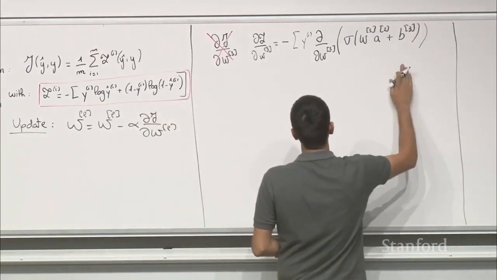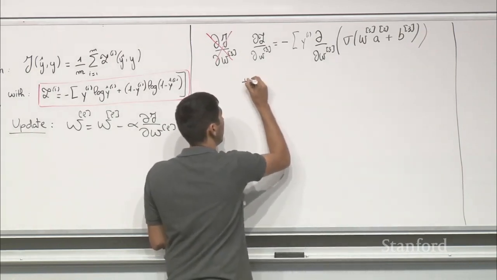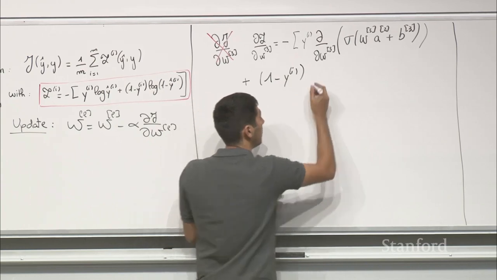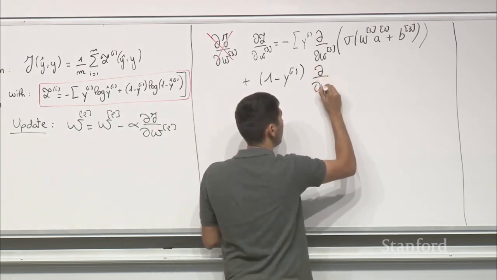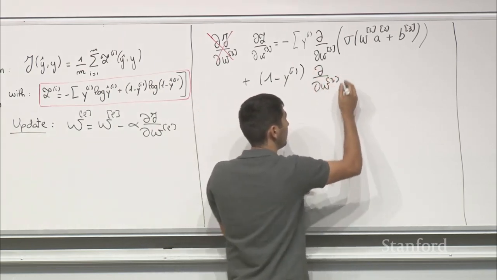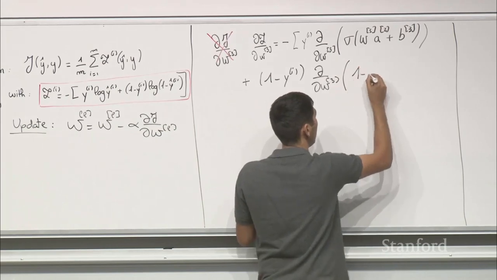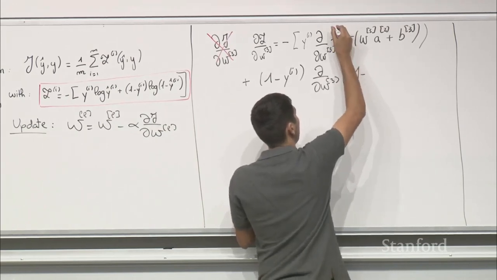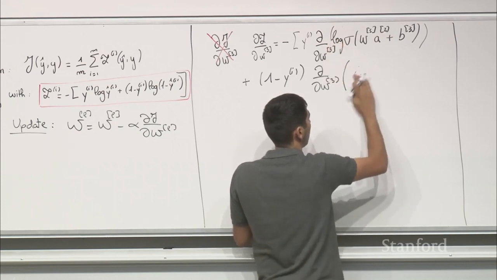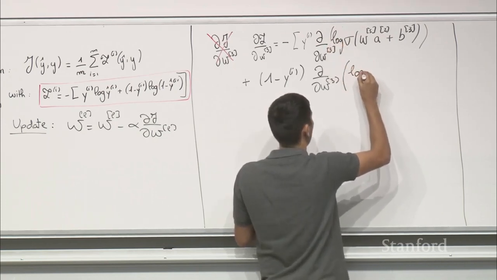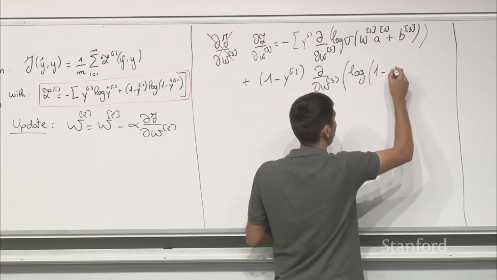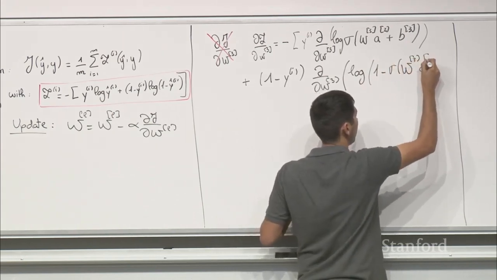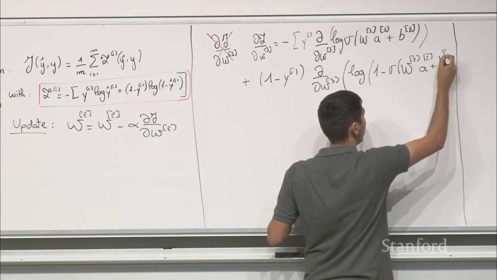So we have this term, and then we have the second term, which is plus 1 minus yi times the derivative with respect to W3 of, oh sorry, I forgot the logarithm here, of log of 1 minus sigmoid of W3 A2 plus B3.